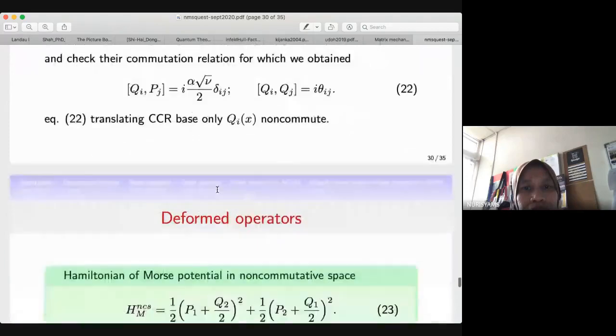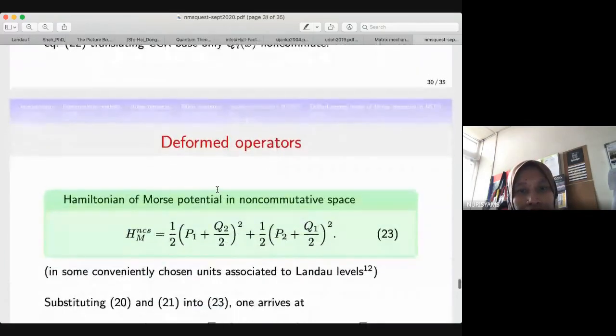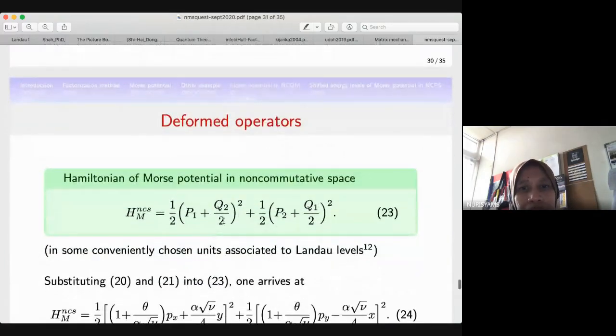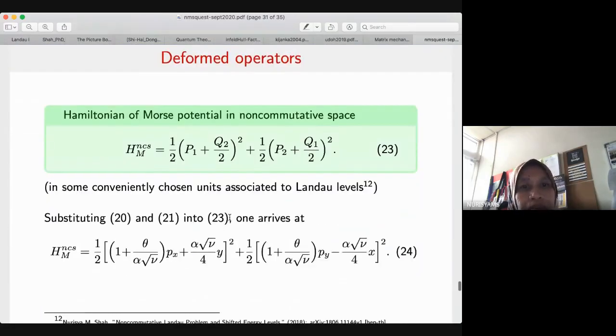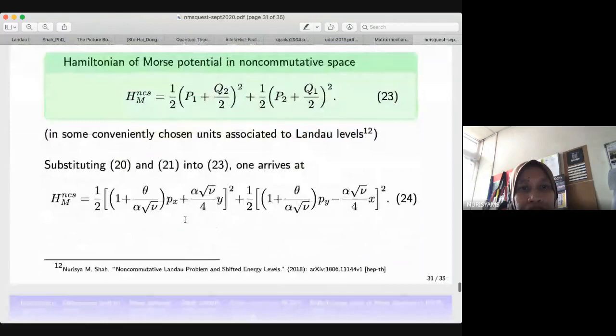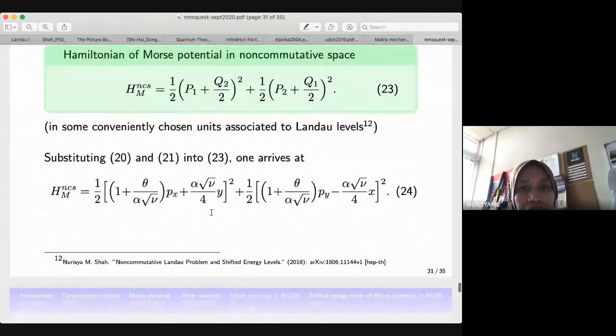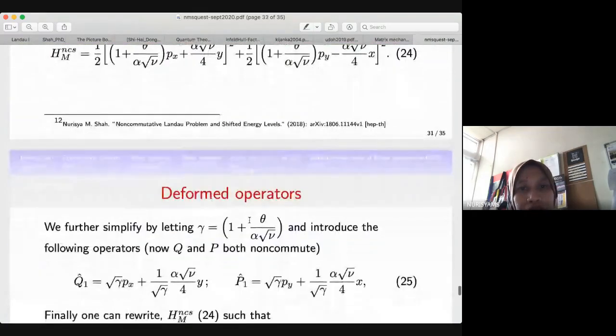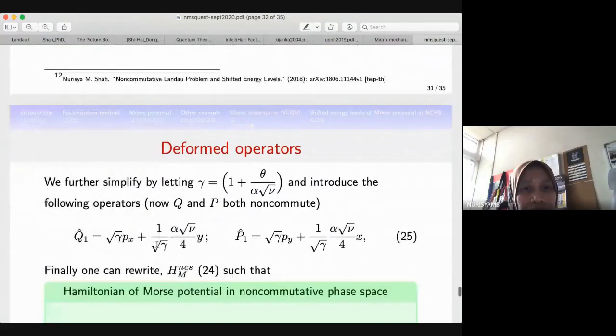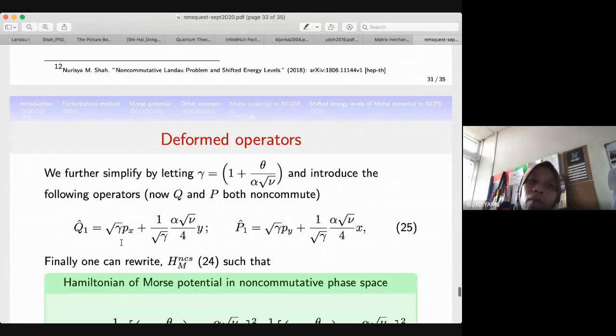Once you have that, you put it in the Hamiltonian, and then you see your P1 is eventually your Px. But you can rearrange or factorize whenever necessary, so you arrive at 24. Next, if you introduce alpha and gamma there, you can form your Q1 hat with P1 hat parameterized by this gamma.